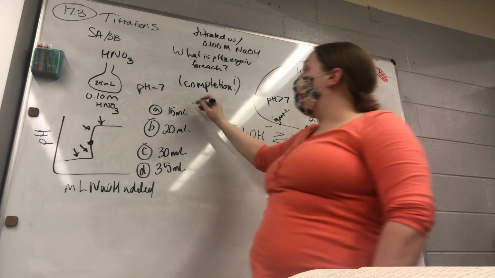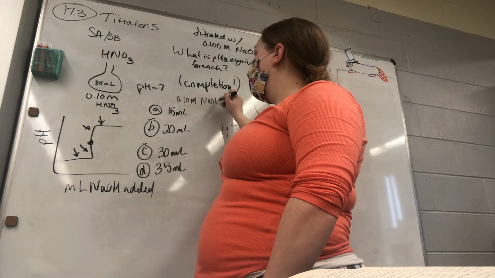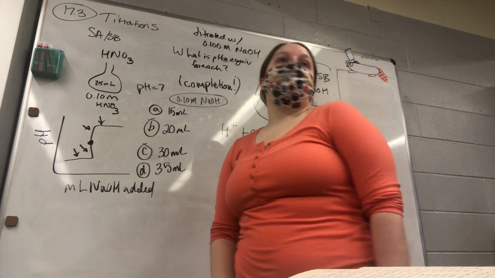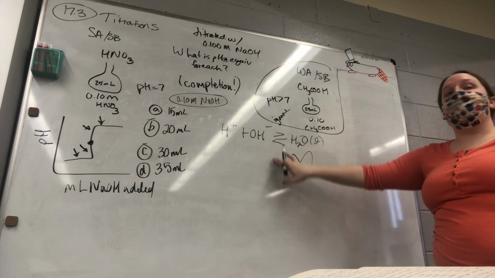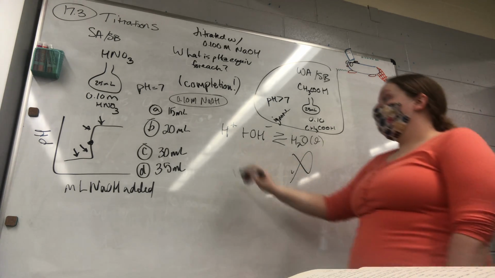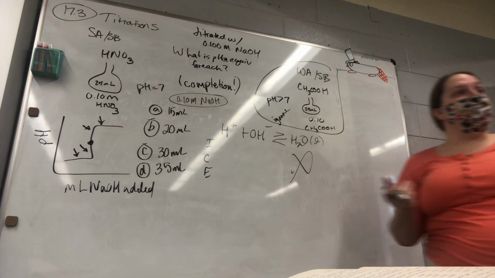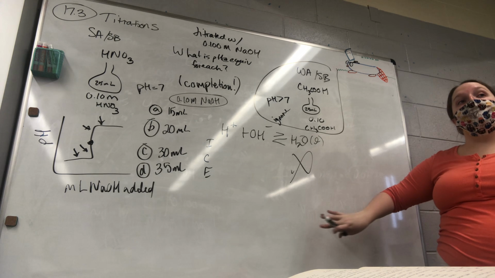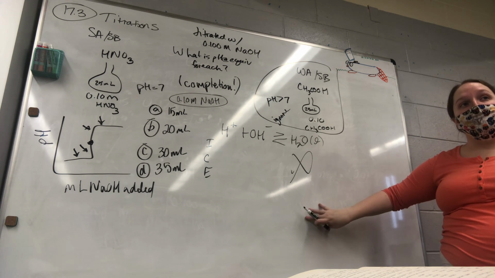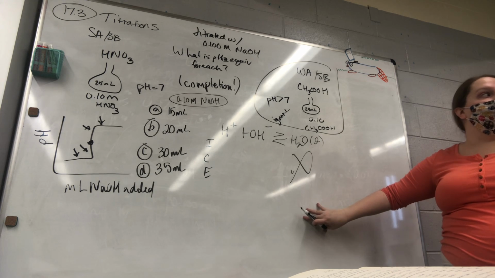So these are all going to be 0.1 molar NaOH. When we do titrations, what goes in the table? We always do the ICE table, right? But in this particular type of reaction, are we putting molarities in there or are we putting moles? We do moles with titrations to save ourselves a step.